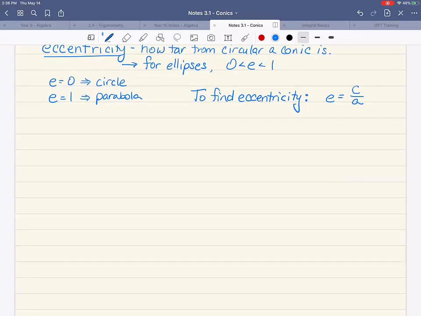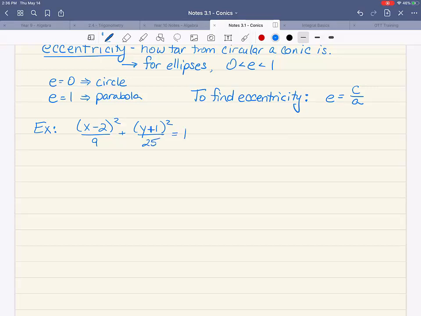So now we're going to do a sample problem that deals with these two new pieces of information. So this example will be taking the ellipse x minus 2 squared over 9 plus y plus 1 squared over 25 equals 1.